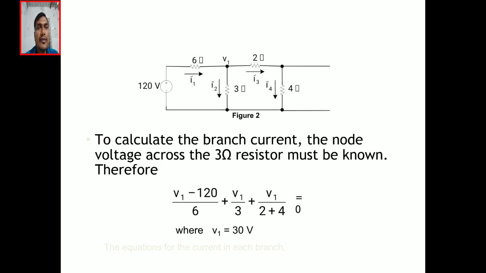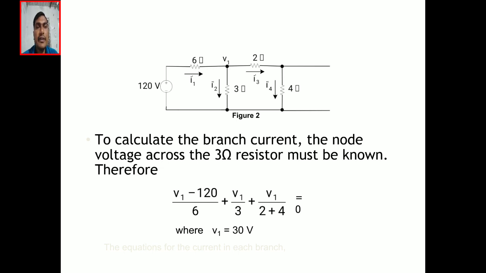Nodal analysis is I equal to V by R. Here V1 is the voltage and 120 volts is the voltage, and in between there is a resistance. So the potential difference between these two points divided by the resistance gives the current in the 6 ohms branch. So (V1 minus 120) by 6 plus V1 by 3, because here ground potential is there.